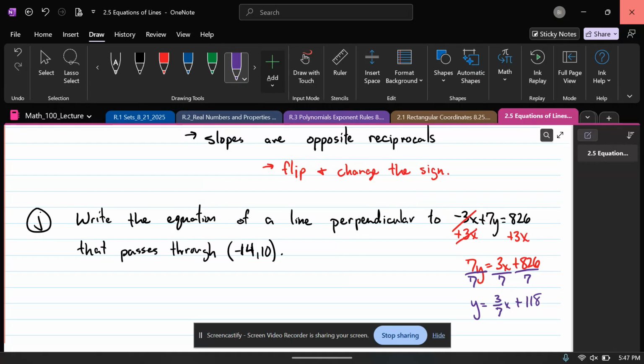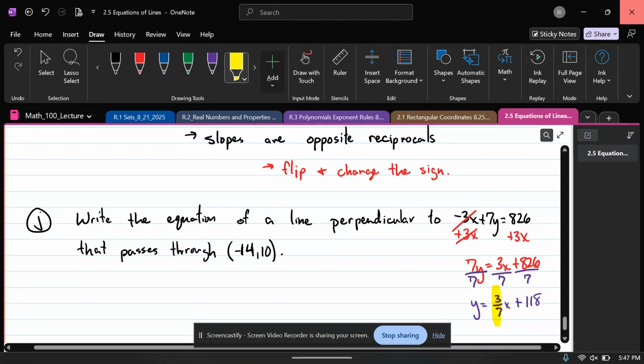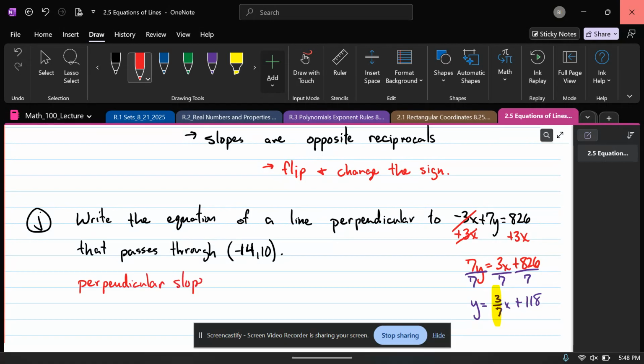That's nice. What's the only part I care about? The slope there. But I'm doing perpendicular, so I've got to think perpendicular slope. Yeah, flip it over. Negative 7/3.